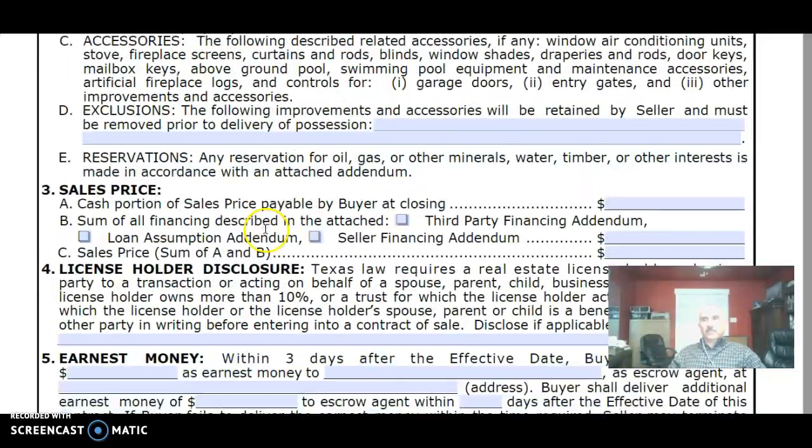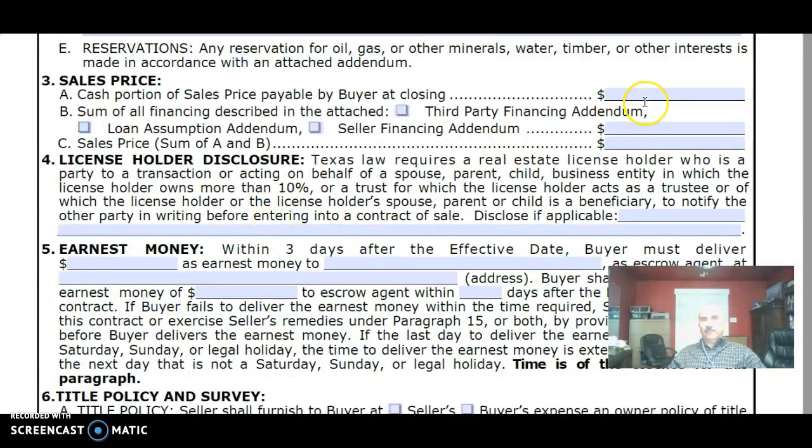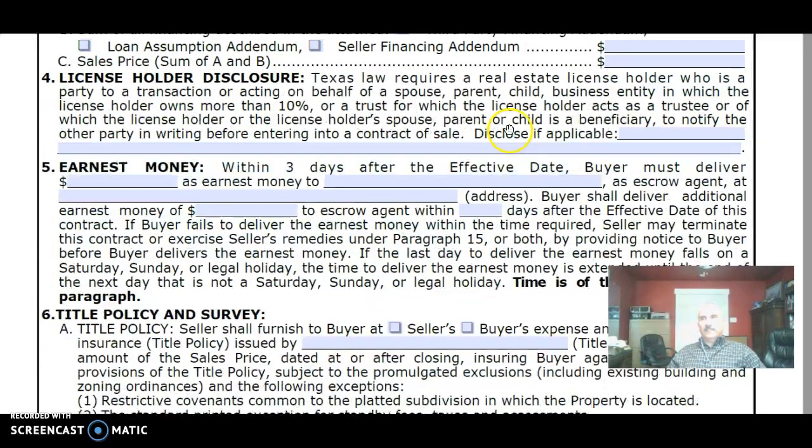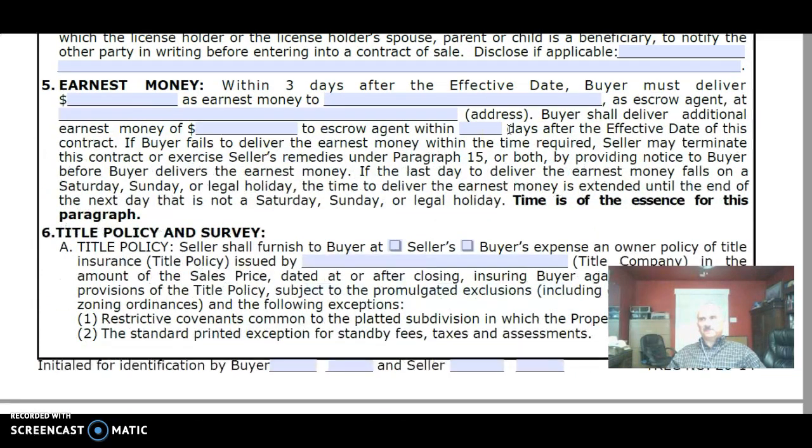In section 3, which is the sales price, obviously that speaks for itself. You want to make sure that you're getting the right sales price. In section 5, you want to make sure that the earnest money is at least $1,000 or 10% of the sales price, whichever is more, just so it's painful for the buyer to back out of the transaction.